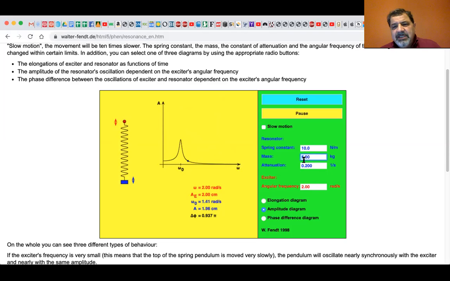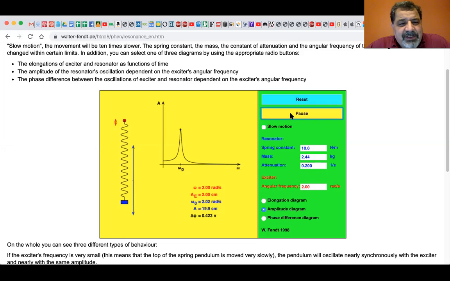Now let's change this to 2.44. Reset. That's where we were. 2.44 is right at the resonance, and you can see it does very nicely at growing the amplitude of the mass on the spring.